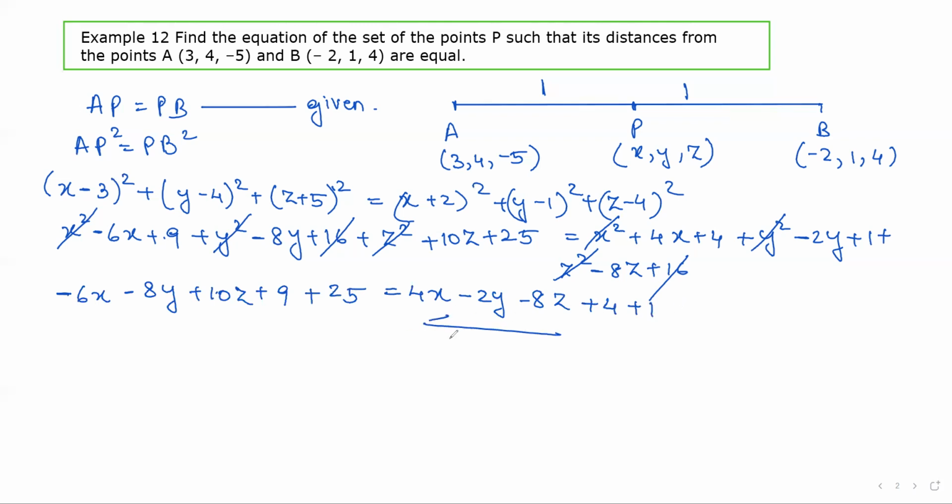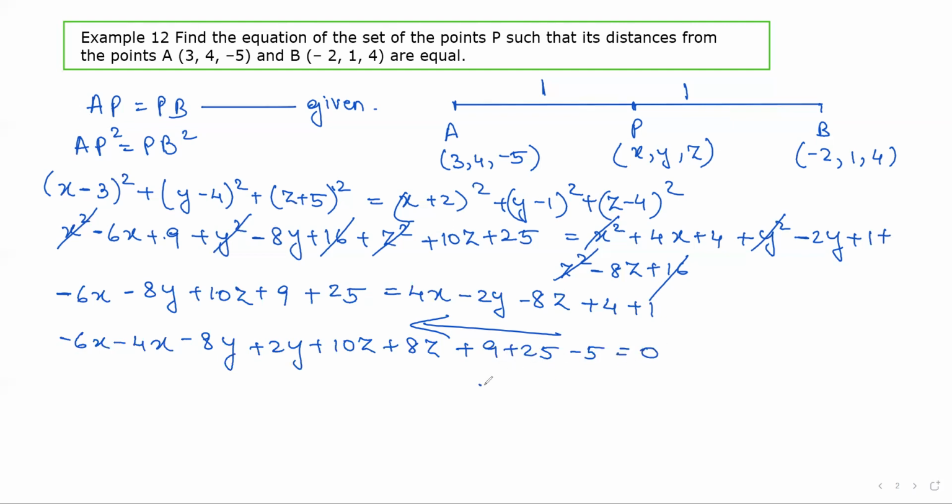Taking everything on the left hand side. Now 4 plus 1 is 5. If you subtract it over here, you'll get 20, and 20 plus 9 is 29. Minus 6x minus 4x, minus 8y plus 2y, plus 10z plus 8z, plus 9 plus 25 minus 5 is equal to 0.